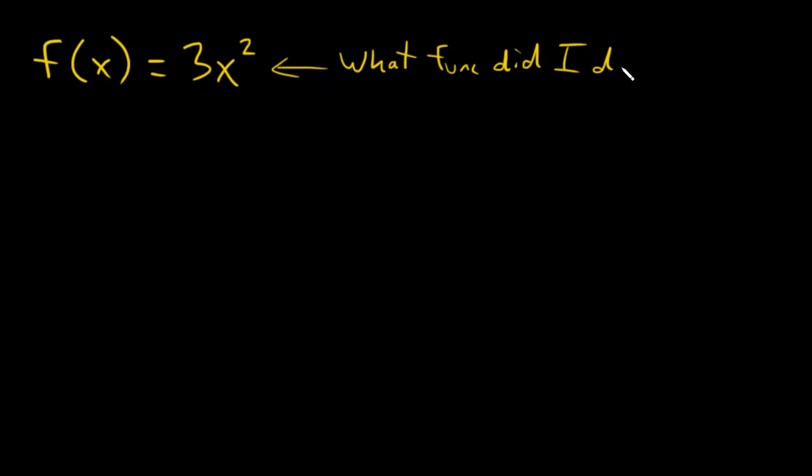Okay, so if you think about it for a little bit and kind of roll some values around, the answer is, drum roll, big F of x equals x cubed.